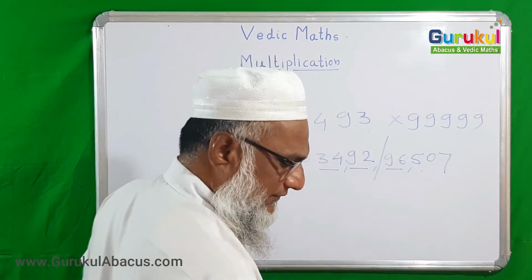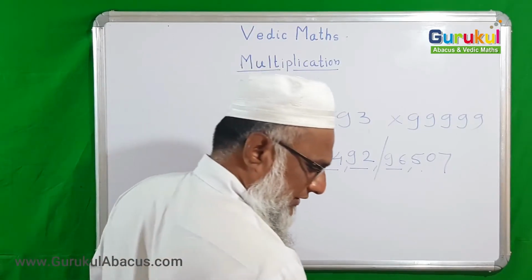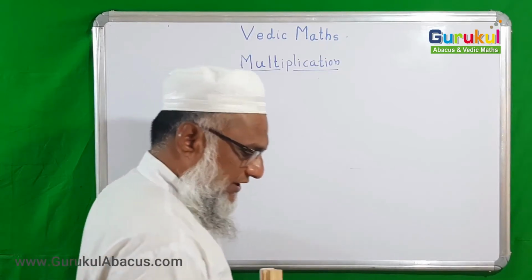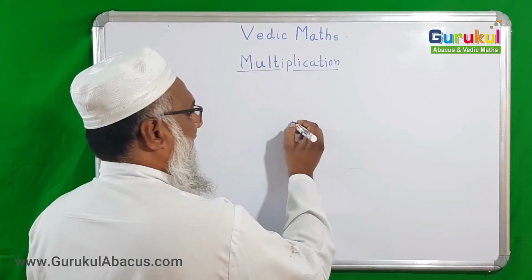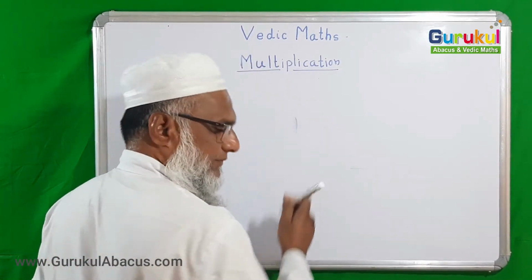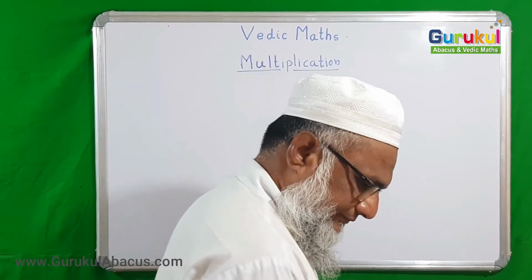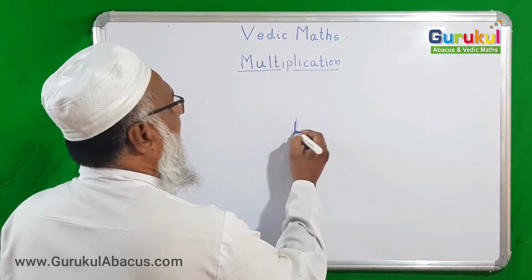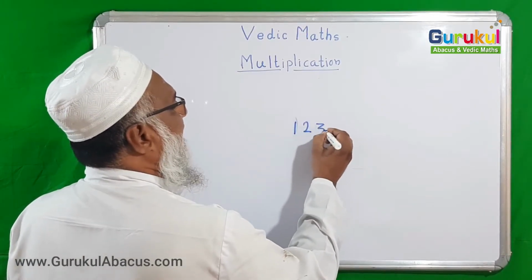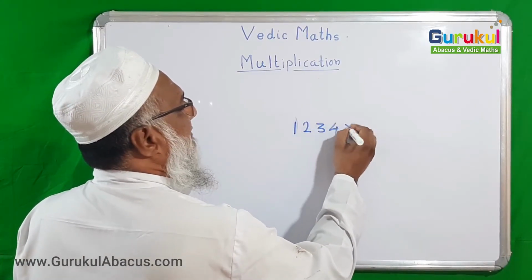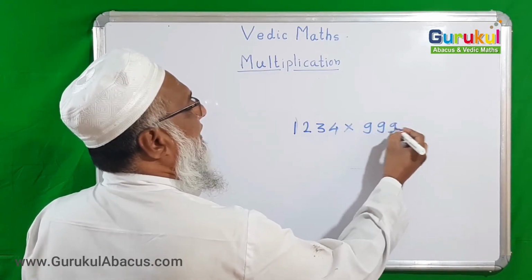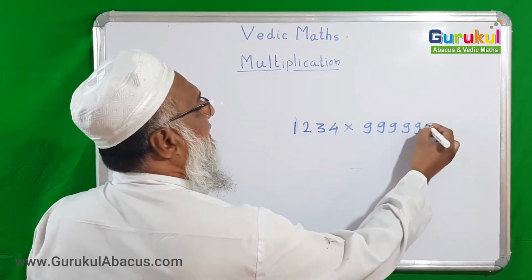One more such example we are taking, so then your understanding will be clearer. Now suppose here is the example: 1234 multiplied by 9,99,999.